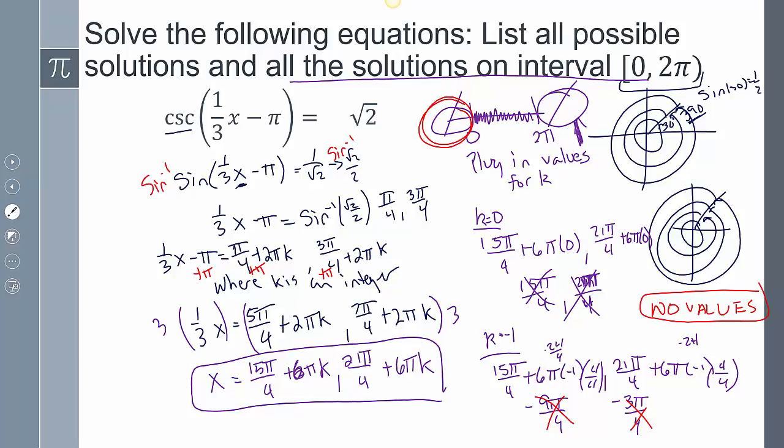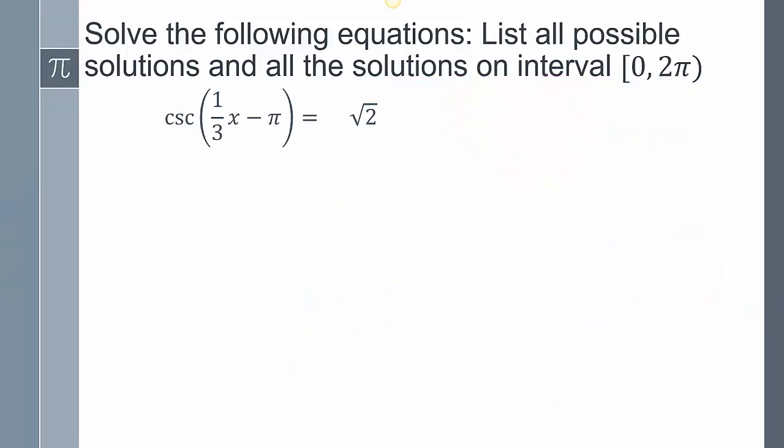Now it's going to be slightly different when we get to tangent. Then once you've established all possible solutions, you need to find the values on the interval, and so you have to actually start plugging in values for k to explicitly find those values that are going to be on the interval. And so showing the work here, those values were too large. I went a little bit smaller, so k equals -1. Those values were too small, so there are no values between 0 and 2 pi.